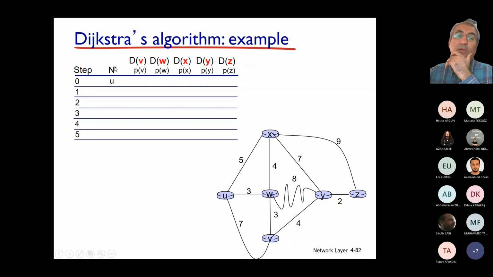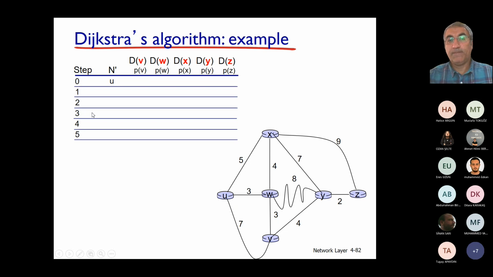So according to the algorithm, the initial value for N prime is equal to U because this is the source. And we have the D of V, which is the current value of the V node, and P of V is the predecessor node, and so on for the remaining nodes.